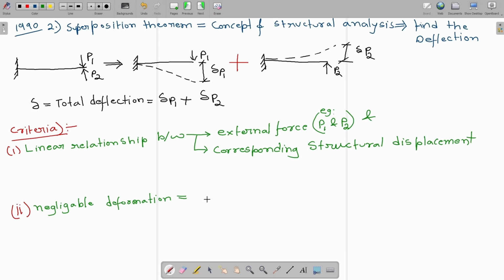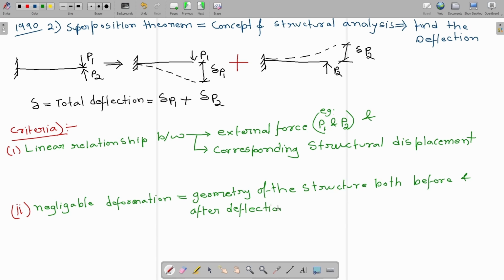It means the geometry of the structure, both before and after deflection, remains the same.